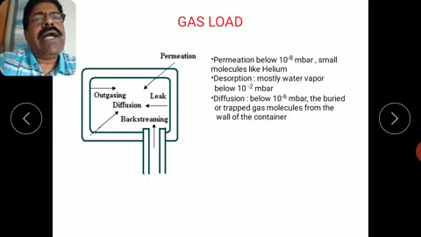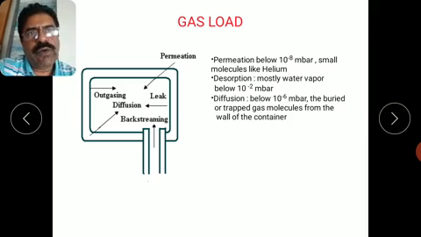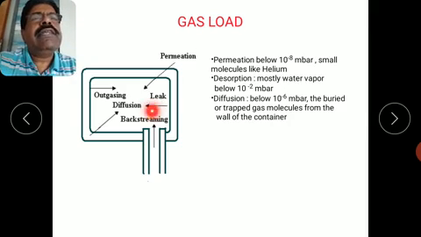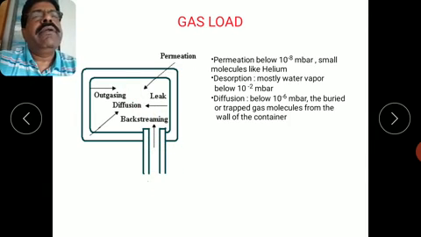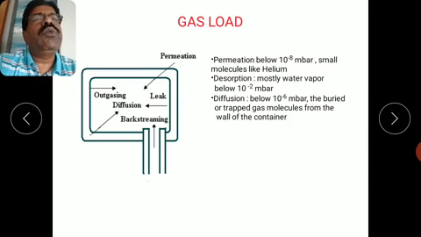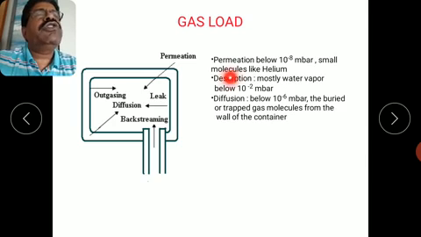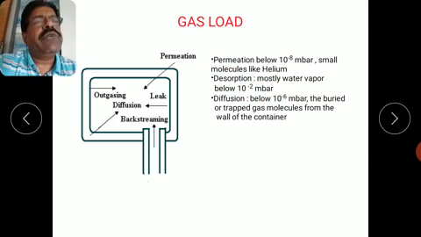As you start the process of creating a vacuum, initially the gas molecules are displaced out from this chamber by the vacuum pump. At a pressure of the order of 10 raised to -1 or -2 millibar, the process of desorption starts. So what is desorption?